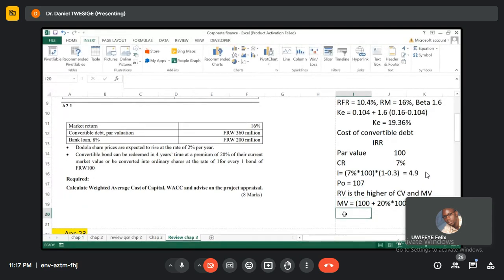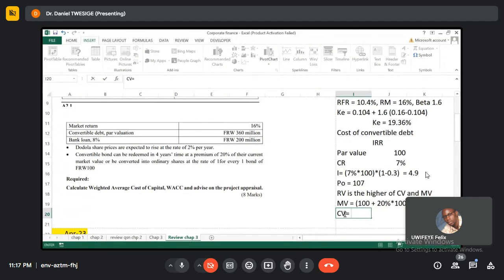Now, then, what is our conversion value in this case? What is the conversion value? Now, if you look at our conversion value, in this case, maybe I have not talked about this, but how do I get a conversion value if there is a growth rate?